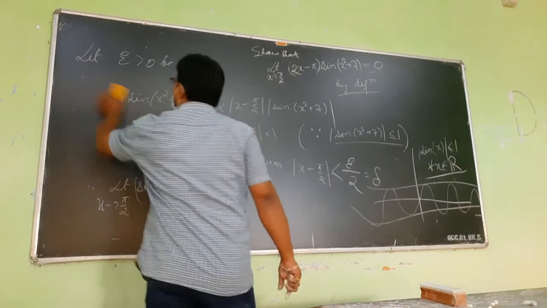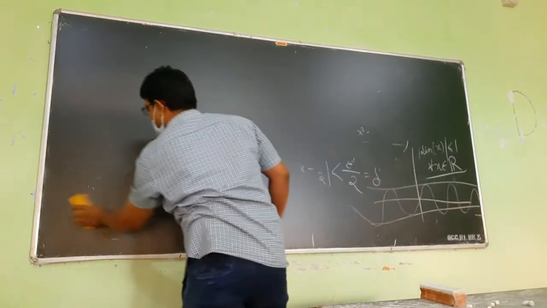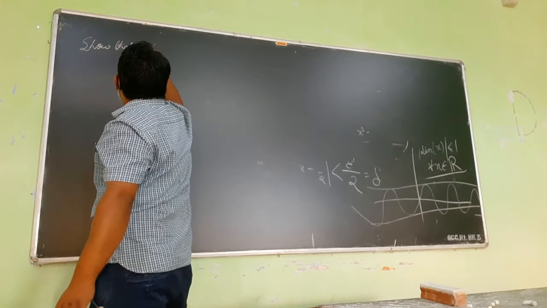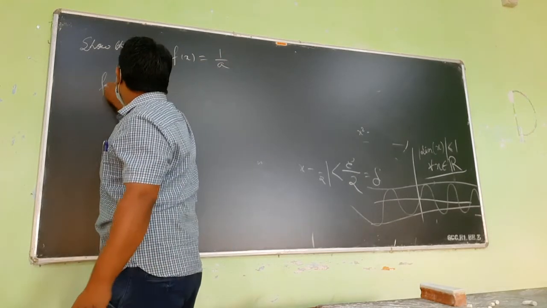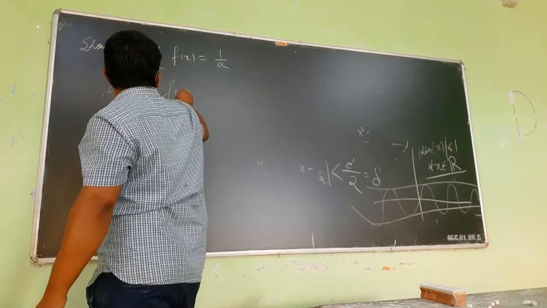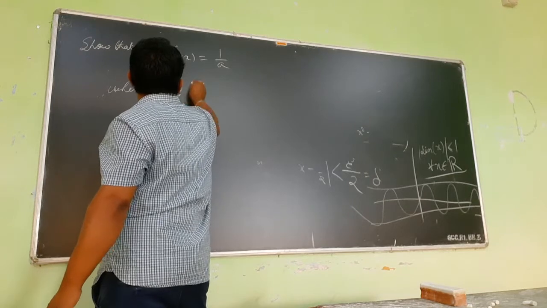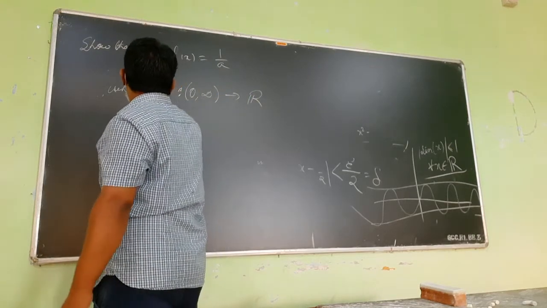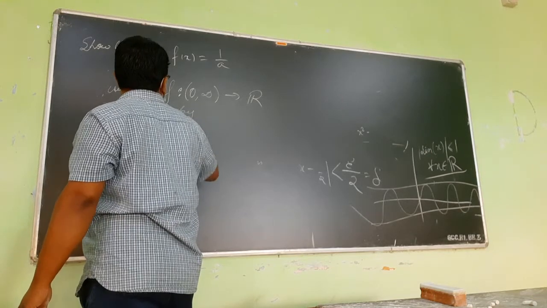Okay, so let us try this now. Show that limit x tends to a of f x is equal to 1 by a, where f is a function from 0 to infinity, defined by f of x equal to 1 by x.